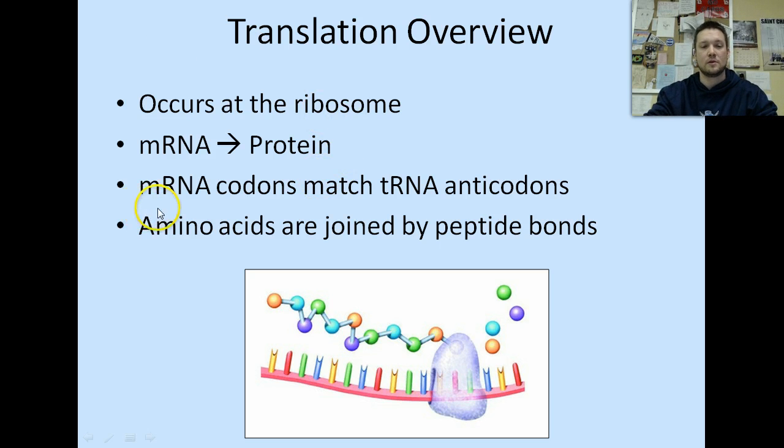Another part of this overview, mRNA: we talked about how there's 3 base sequences on it called codons, and they're going to match up with the anticodons, which are complementary on tRNA. And doing that, we're going to add amino acids together using peptide bonds, and eventually we're going to have a whole protein. Okay, so let's get started.